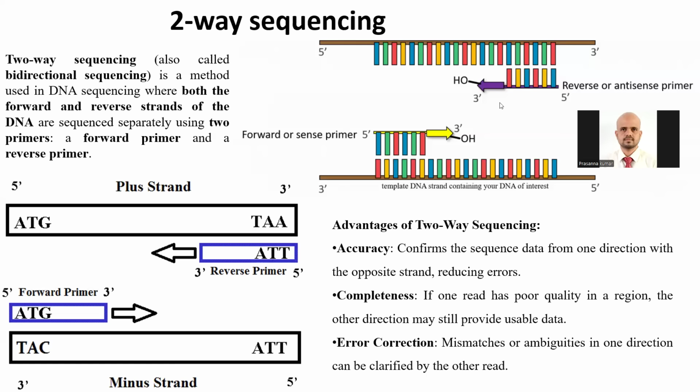What is this reverse complement? Let's now understand just the reverse sequence. When you have a reverse sequence, it acts as one more layer to check whether the forward sequence is correct or not, and vice versa. So for error correction, accuracy, and completeness, you need to go for two-way sequencing.